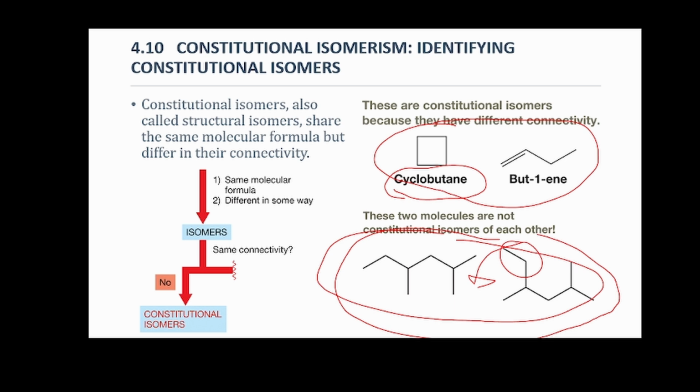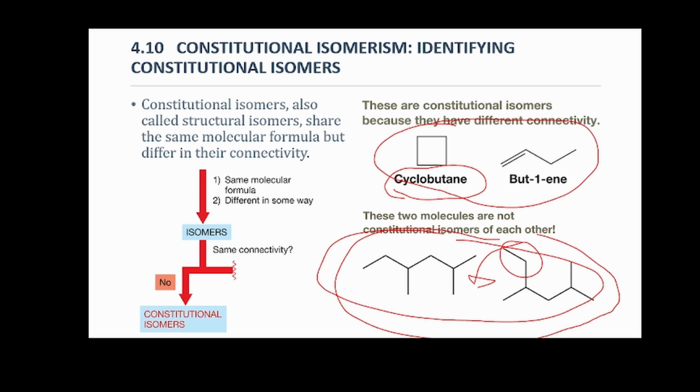So that's the two things you have to watch out for with constitutional or structural isomers: they have to have the same formula. That's exactly correct. They have different connectivity, giving you different structures, but they have to be permanently differently connected. They can't just be conformations of each other, right? If you can rotate and flip it back in place, it's not a constitutional isomer, because they don't actually have different connectivity.